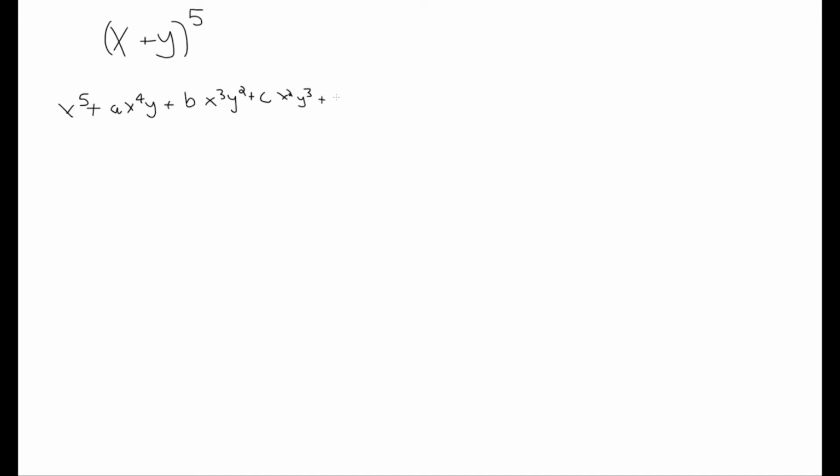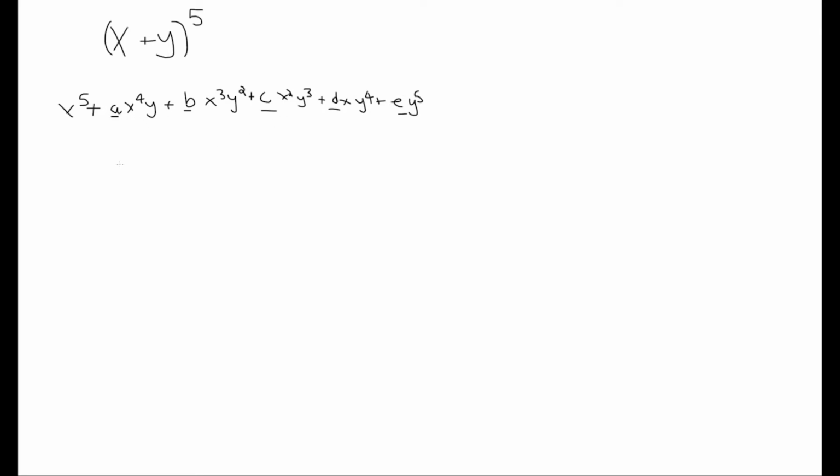Plus some number of x y to the 4th plus some number of just y to the 5th, right? So these variables all are just coefficients, okay? There are coefficients representing how many of these can be produced.